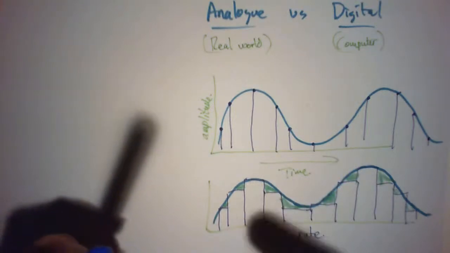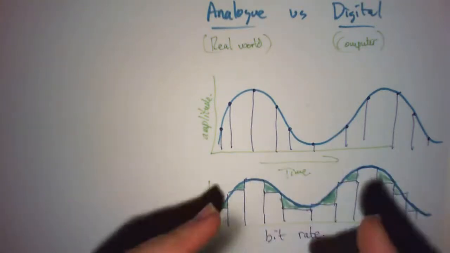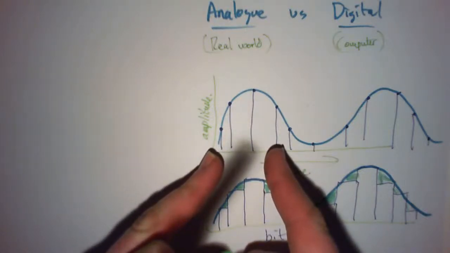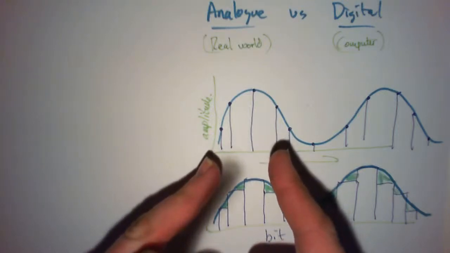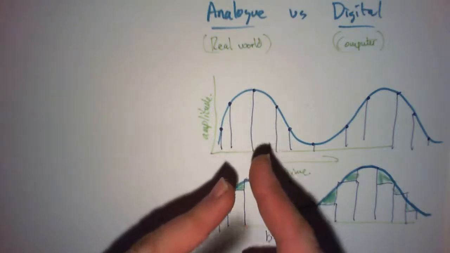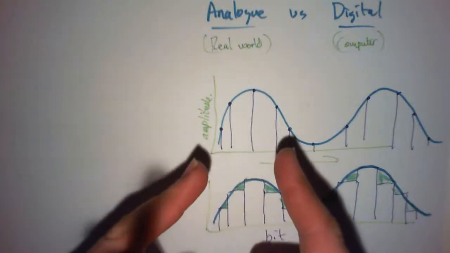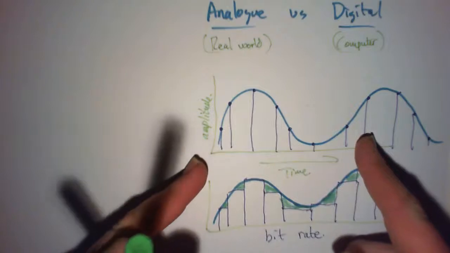Okay? So, for example, as you widen the gaps and take fewer samples, it's going to increase the loss. And then there's how frequently you take those samples. For example, frequency is measured in kilohertz.